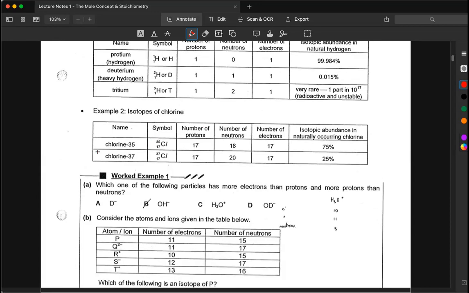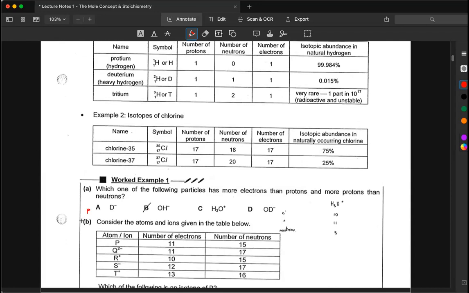So what you can do here is a simple table. Don't have to draw the lines since it's MCQ. Don't need to present in such an orderly manner. So you can write down, then you see which matches. For deuterium, negative means it gains 1 electron. The proton remains at 1 because it's just an isotope of hydrogen.